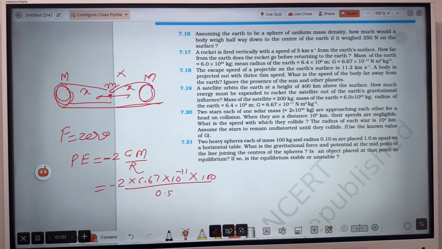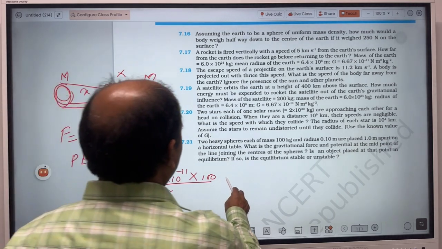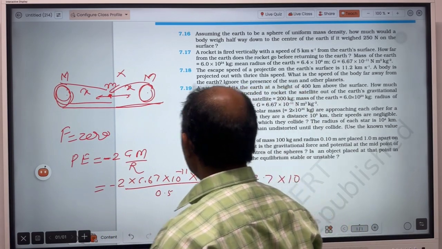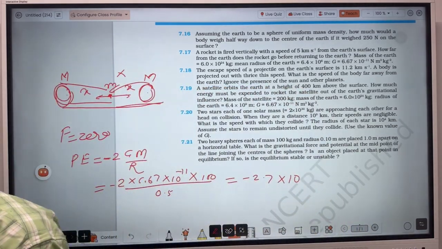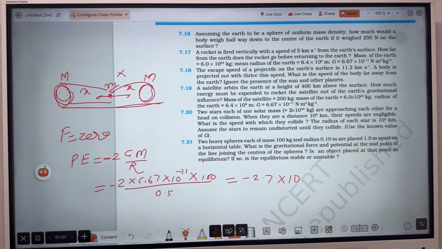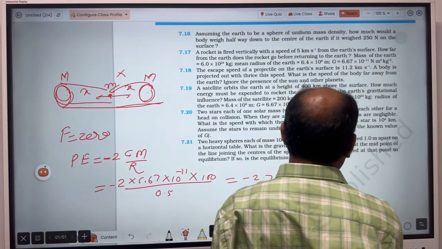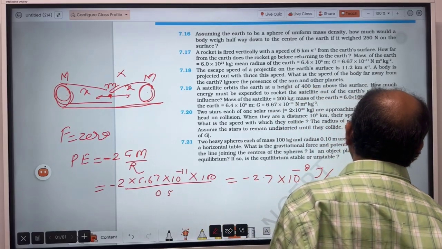So just simplify. Minus 2.7 into 10 power, how much? Minus 8 joule per kg.